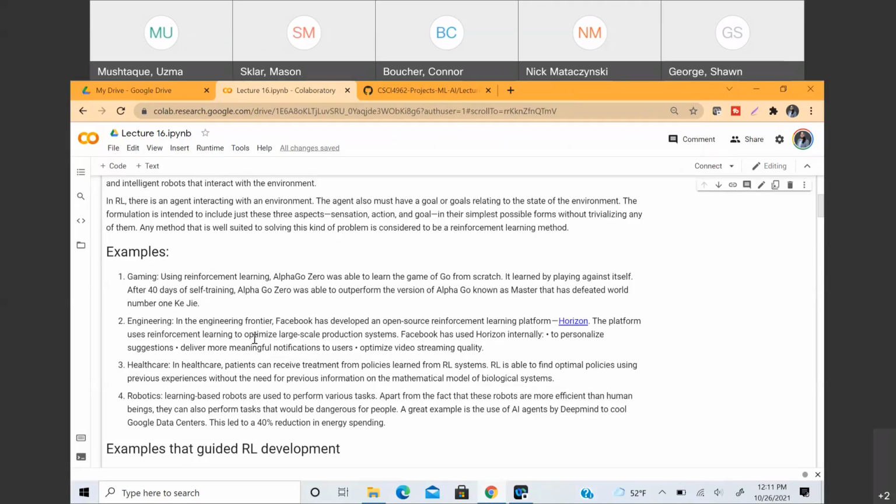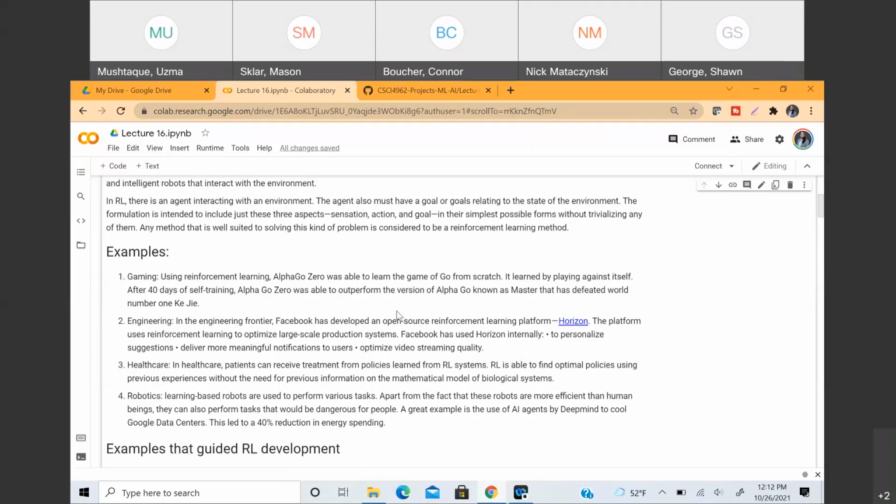In engineering, specifically in recommender systems, there's a huge surge in the number of applications. For example, if you're interested, you should go and read about Horizon, which is an open source reinforcement learning platform that was developed by Facebook. They are using that to make recommendations better.